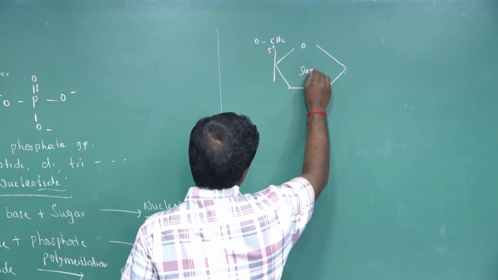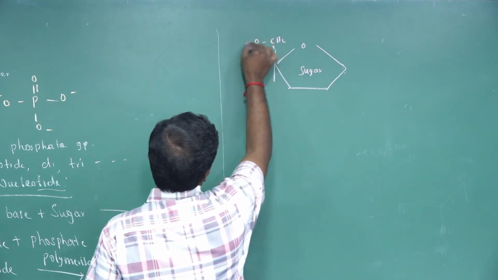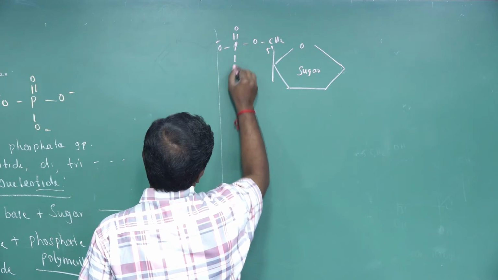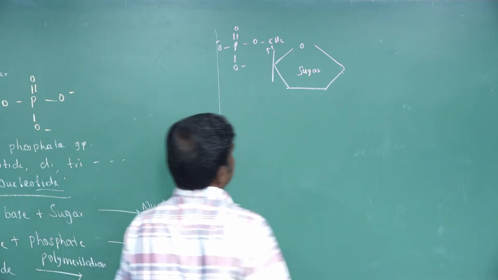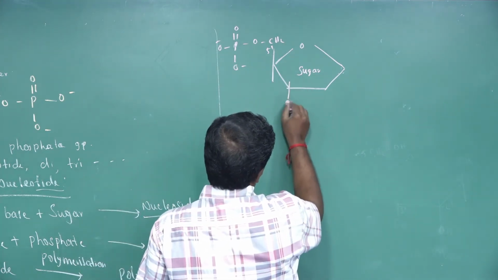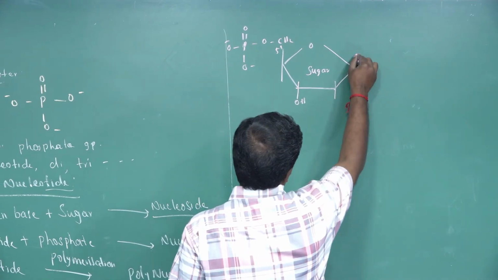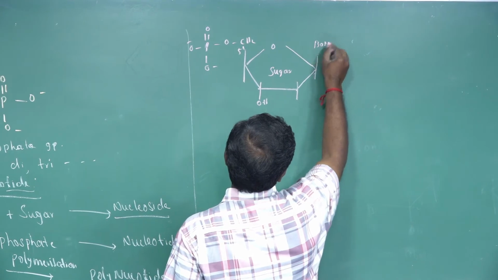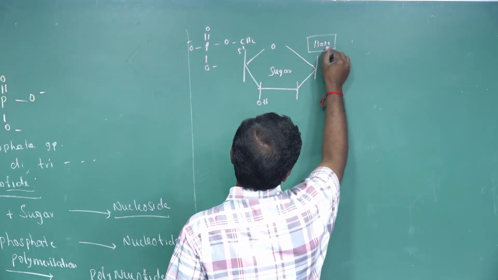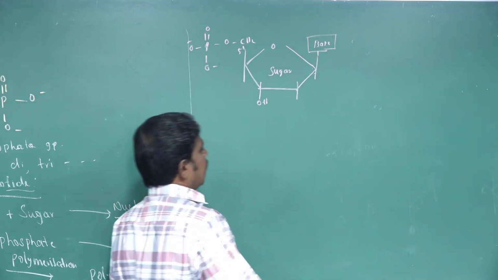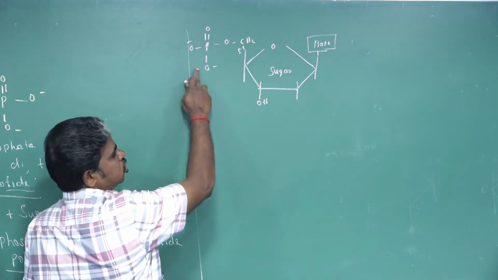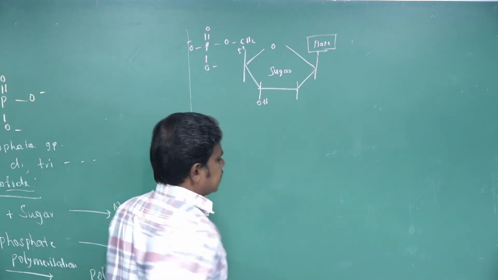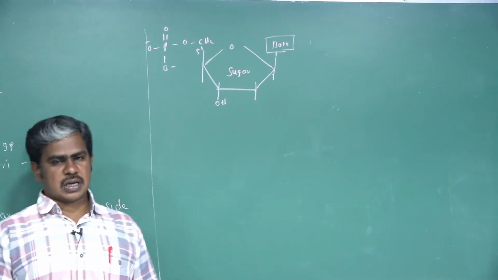Here it has P double bonded to O, and O minus, and O minus. Here there is an OH, and here a base, the nitrogen base, is attached. So the phosphate group, sugar, and base together form a nucleotide.